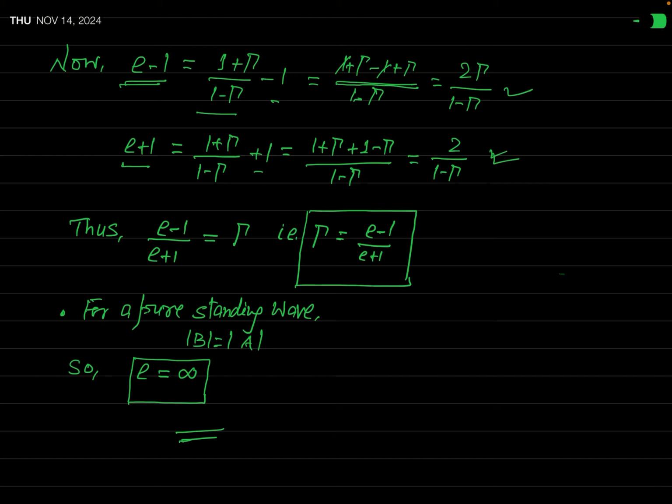Since 2 by 1 minus gamma is a common factor, that will cancel out, and only gamma will remain. So e minus 1 over e plus 1 will be equal to gamma. Or you can say that gamma equals e minus 1 by e plus 1. In this way, you can express the reflection coefficient gamma in terms of the SWR e.